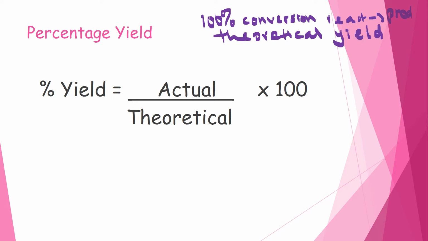If we want to work out an actual yield, we take the actual quantity that we have been given, divide it by what the theoretical quantity should be, times it by 100, and this will give us a percentage yield. Now, the greater the percentage yield, the greater the conversion.